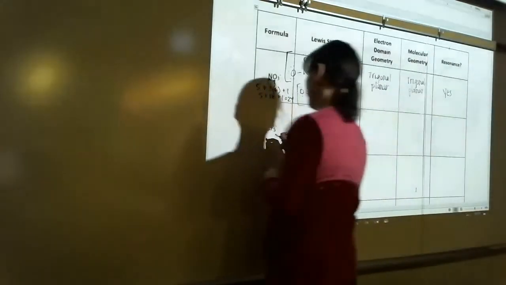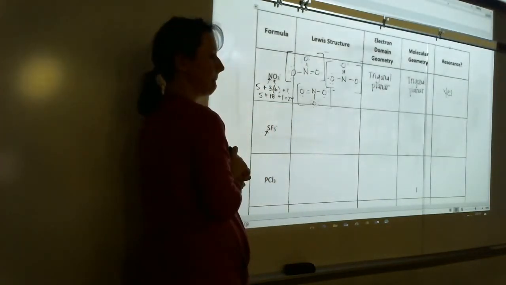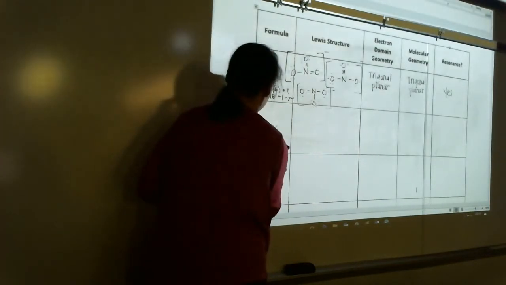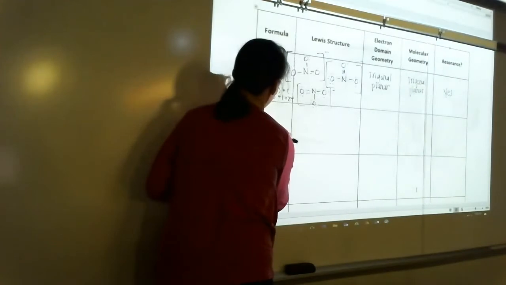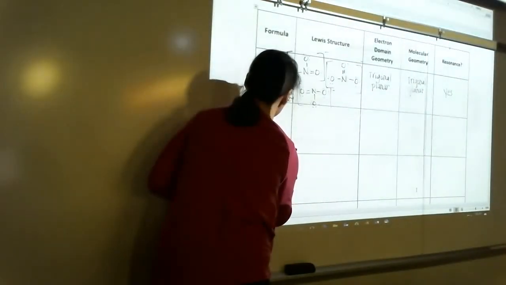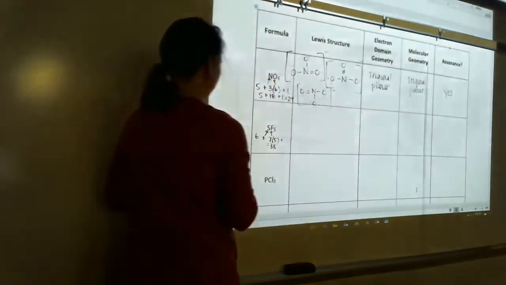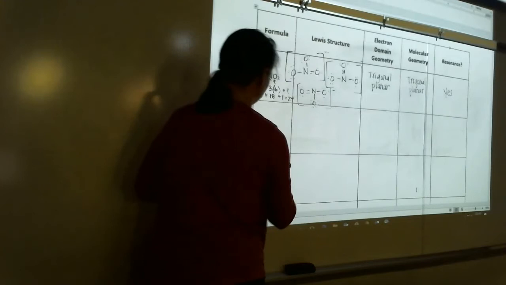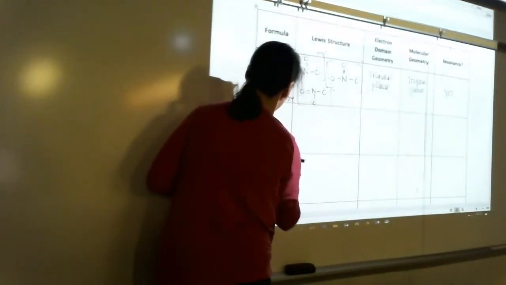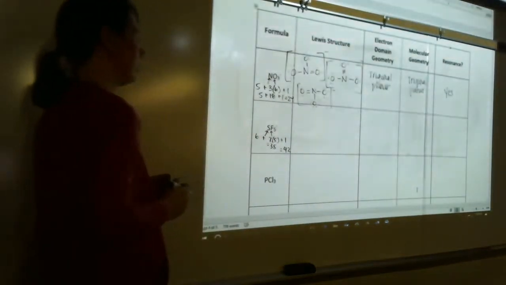How many valence electrons does sulfur have? 6. And how many does fluorine have? 7. So that's 35. What do I do for that charge? Add 1. So that gives me a total of 42. Who goes in the middle?